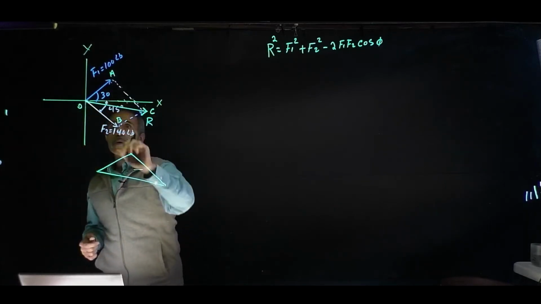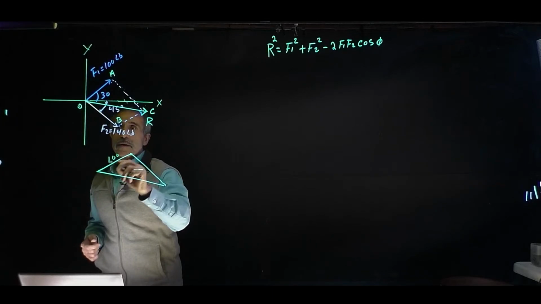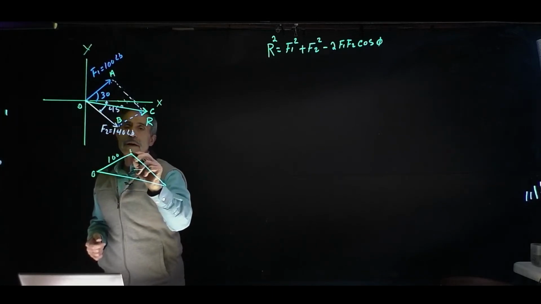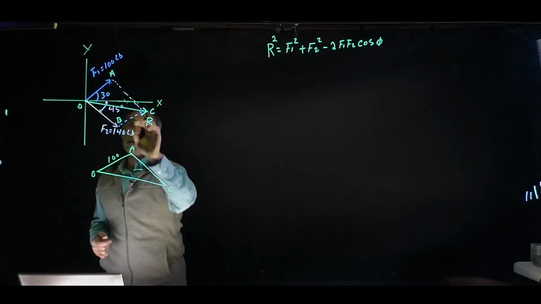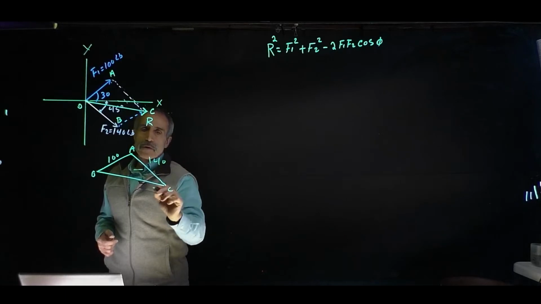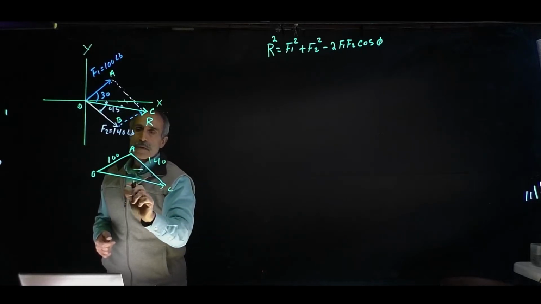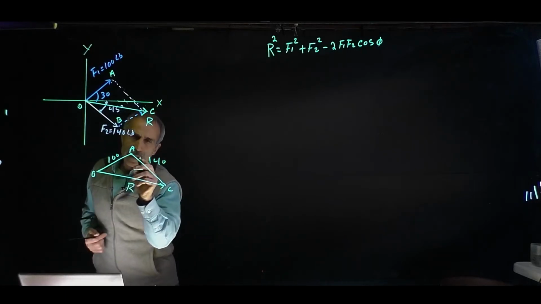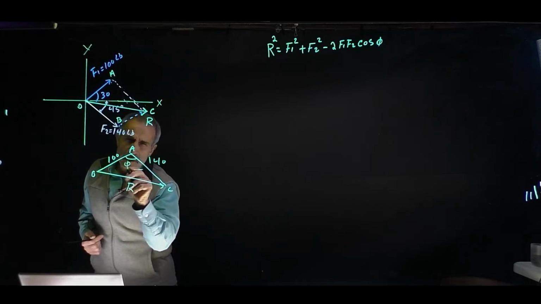This leg was 100, with the triangle being O, A, C, and this other leg over there is 140. We don't know this one, so this is R. And this angle right here, phi, we need to figure out.